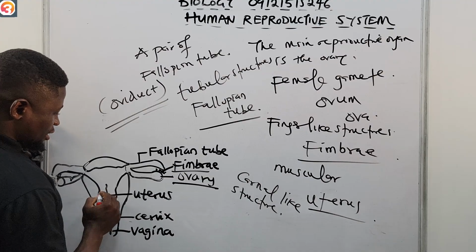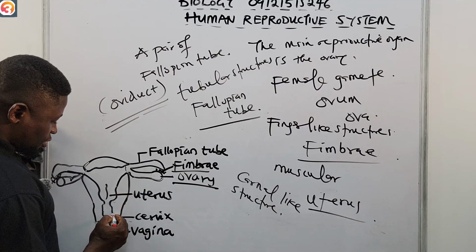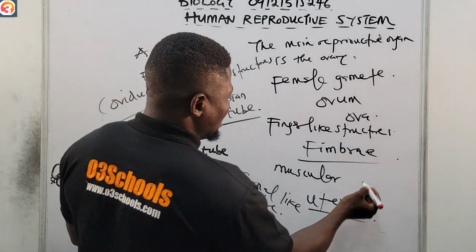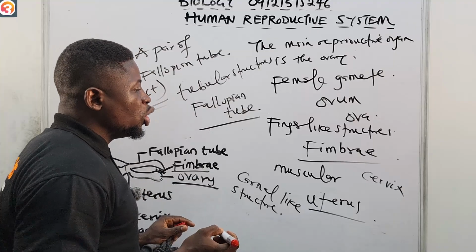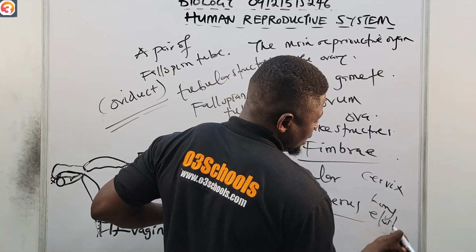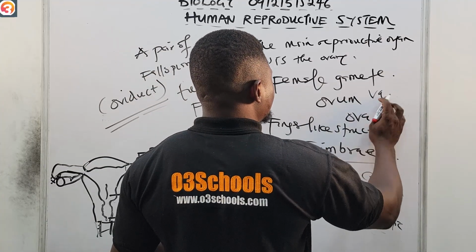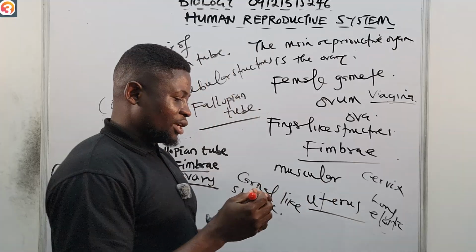This is the uterus, and then this canal-like structure known as the cervix, eventually leading to a long, elastic, tubular structure known as the vagina. Please take note of this.